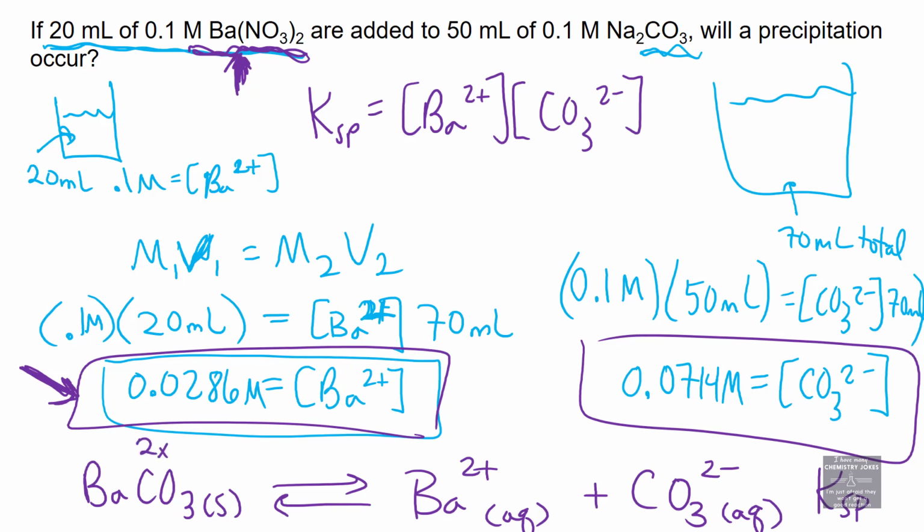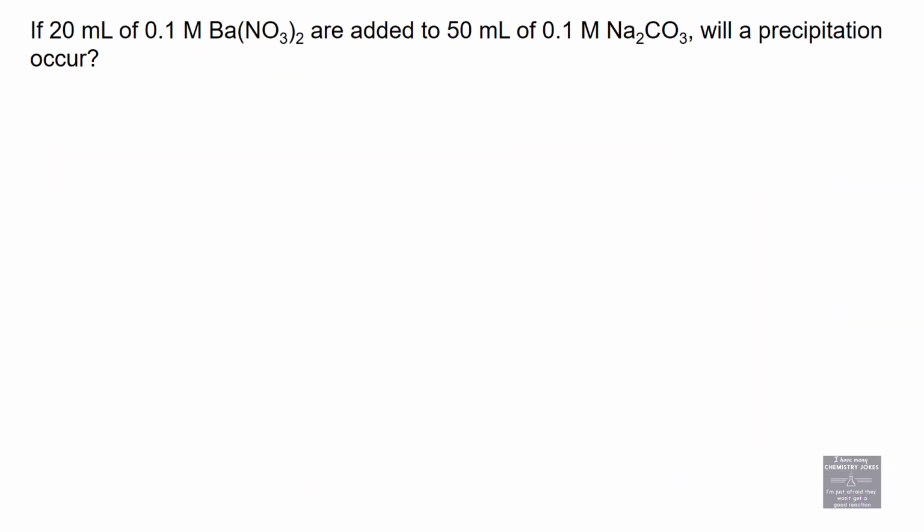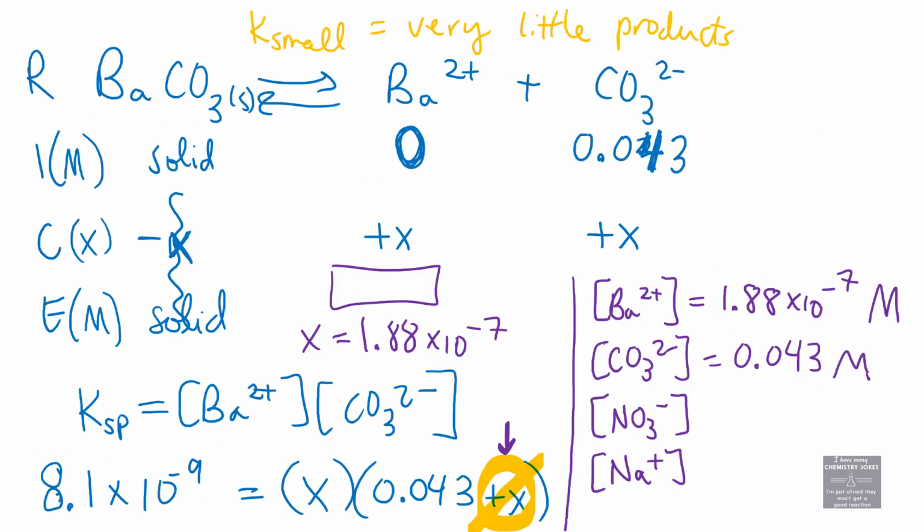So 2 times barium is going to equal the concentration of nitrate. Did you follow along on my super crowded slide right here? 2 times the concentration of barium in my dilute solution will equal the concentration of nitrate. So many clicks. So that gives me a nitrate of 0.0572. Because nitrate is a spectator, we don't have to do any kind of reaction with a nitrate.